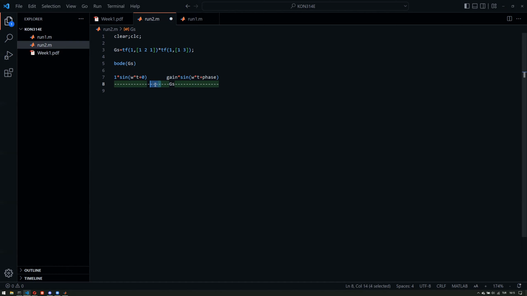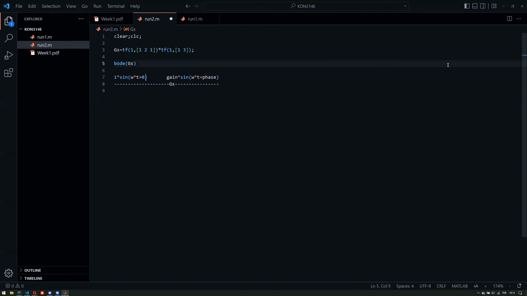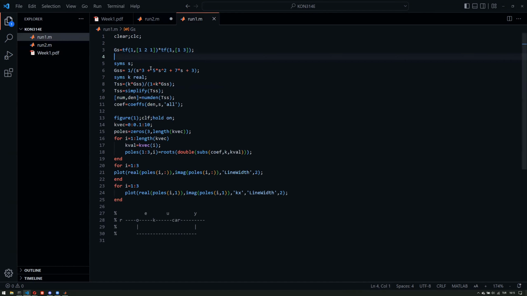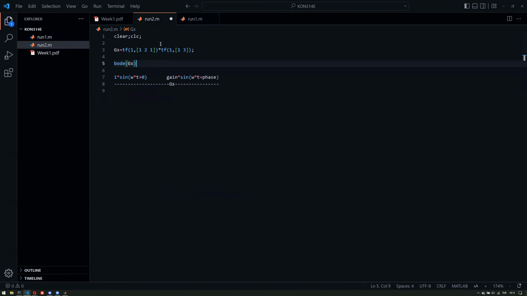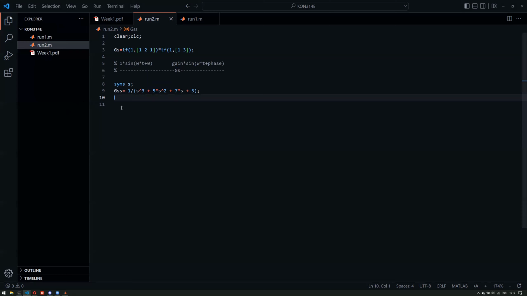Now here, we can do the same step. We can get the same result as we have here by using the symbolic toolbox. Let me take the definition here back. So there we go. Now instead of this, we will have basically this here. So how can we get this sine input, sine output thing? Well, what we can do is we can first of all plug in s equals j omega.